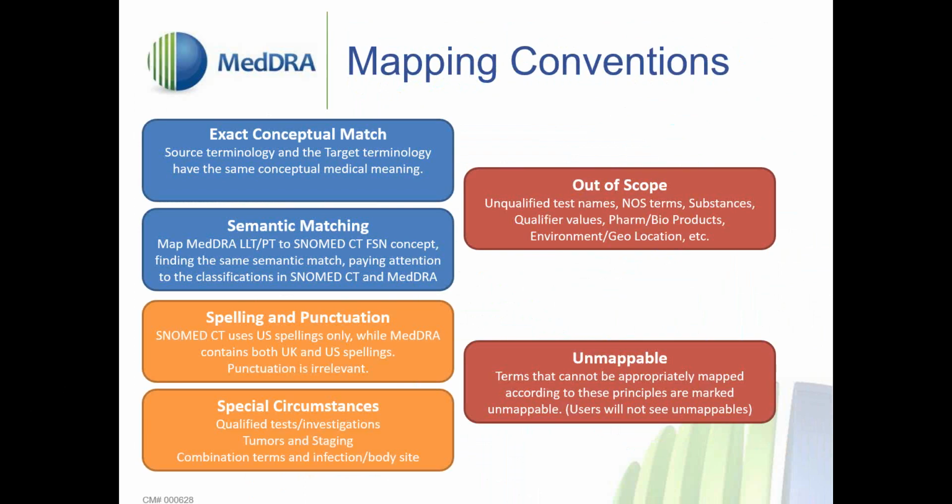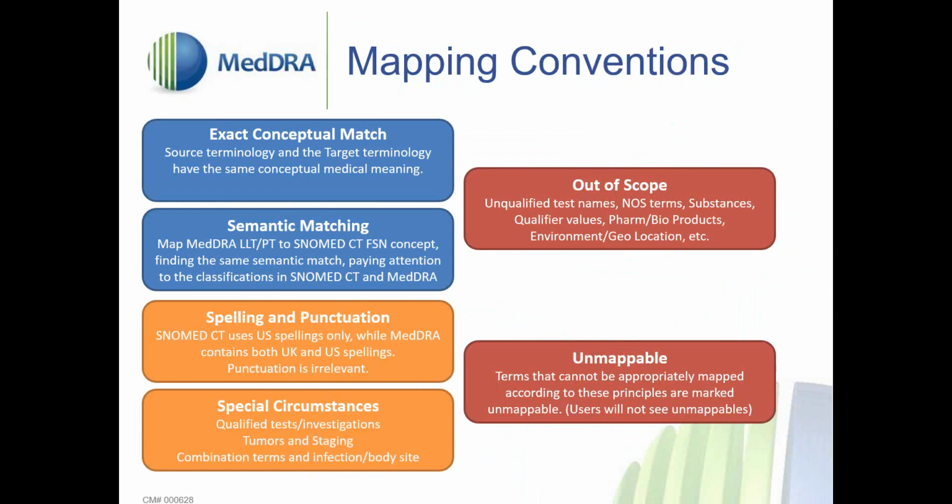On the SNOMED CT side, substances, qualifier values, pharmaceutical and biologic products, and environment and geographical location categories were examples of some of the areas of the terminology that were determined to be out of scope. Again, this is largely due to the fact that the two terminologies are made to address different needs, and therefore these particular areas fell out of scope for the other terminology.